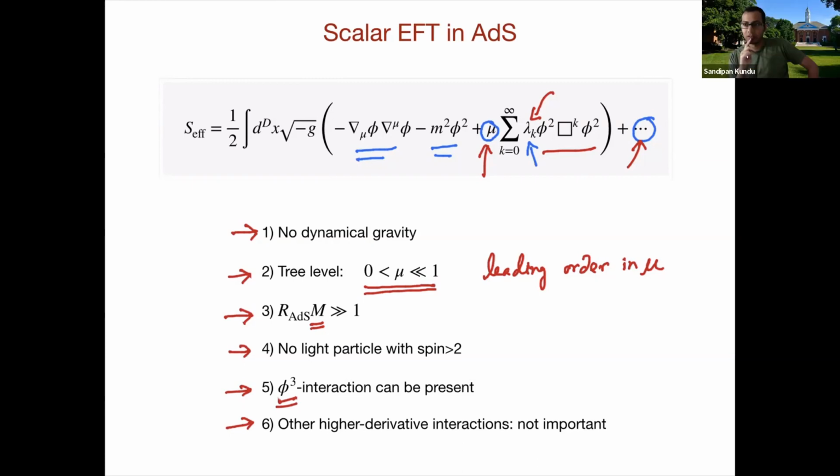Even though they will be suppressed by the mass of phi itself, it will have a small coefficient in front of them. So that's what lets you neglect them, right? Yeah. An analogy would be that you can think of this mu as the string coupling constant. That's one of the motivations for thinking about the tree-level effective action.